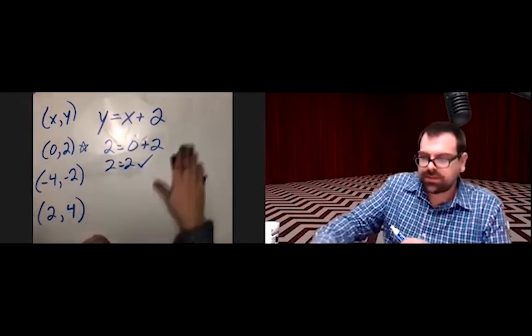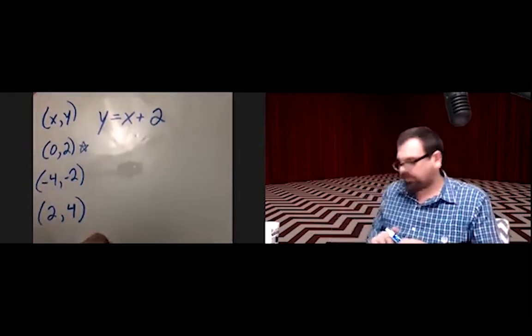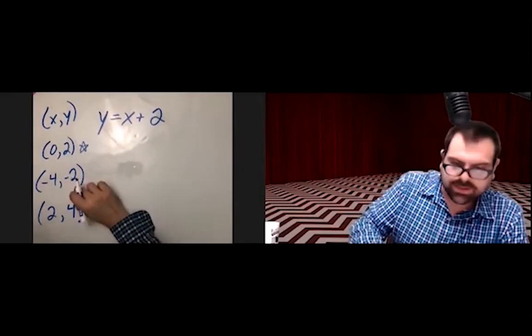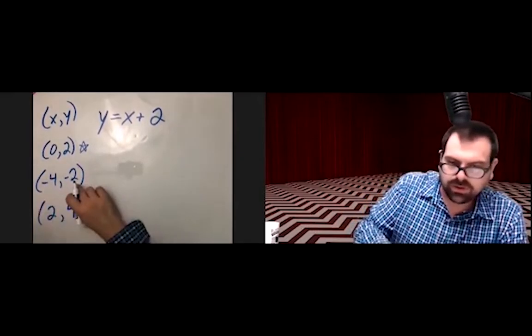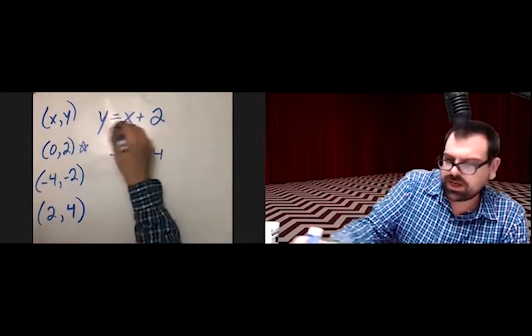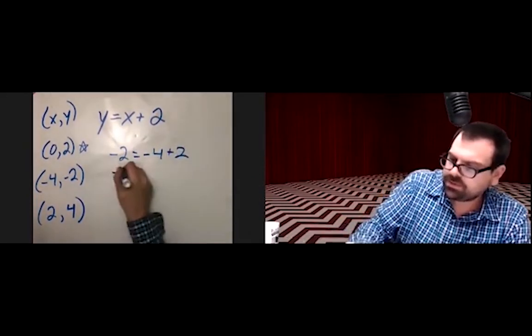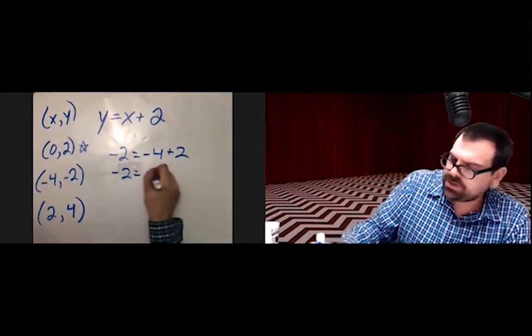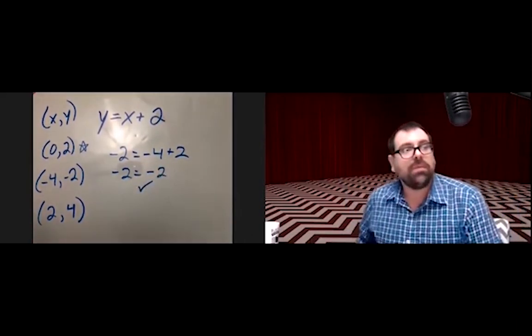Let's test the second one. x is -4, y is -2. So -2 equals -4 plus 2. -4 plus 2 is -2. Boom, that one checks too.